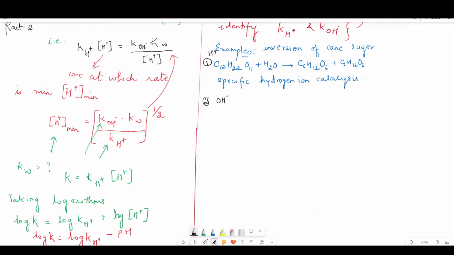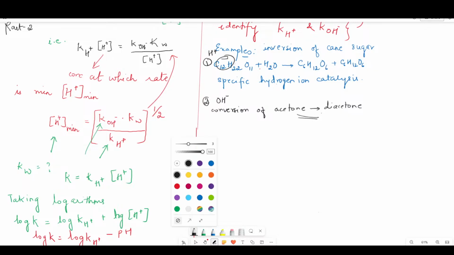Example, conversion of acetone to diacetone. Here only OH- ions take part in the rate of reaction. Here only H+ ions are there. Inversion of cane sugar is only specific hydrogen ion catalysis, and conversion of acetone to diacetone is only OH- ions taking part.